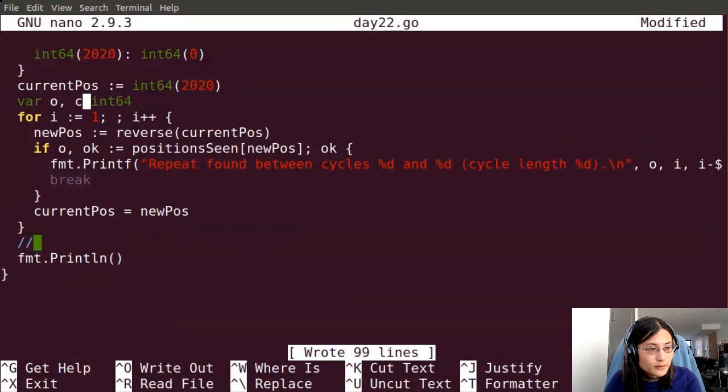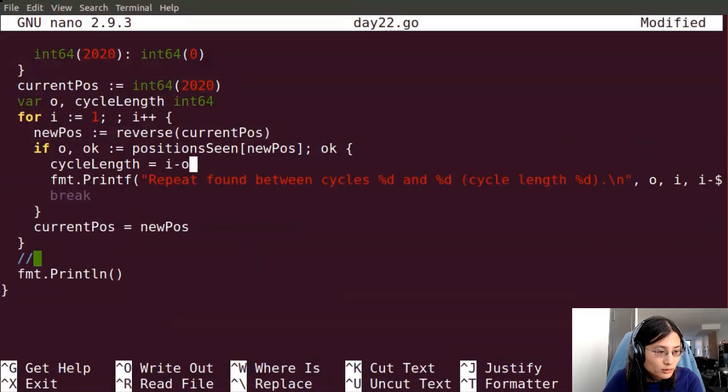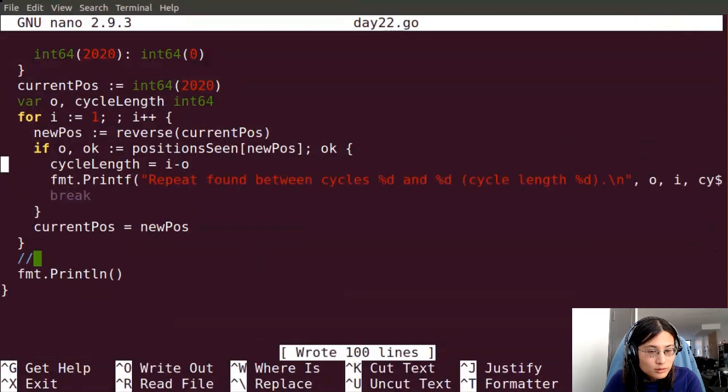I need to keep track of the cycle length. Okay. Oops, I minus O. Okay, great.